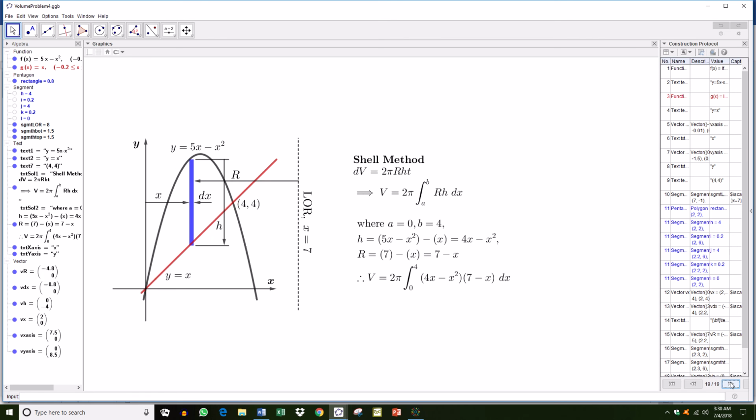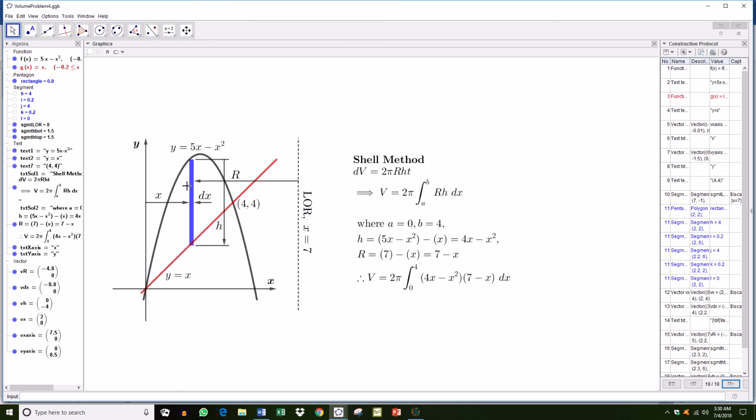So let's do this. h is the y value there minus the y value here, so 5x minus x squared minus x. That's h.